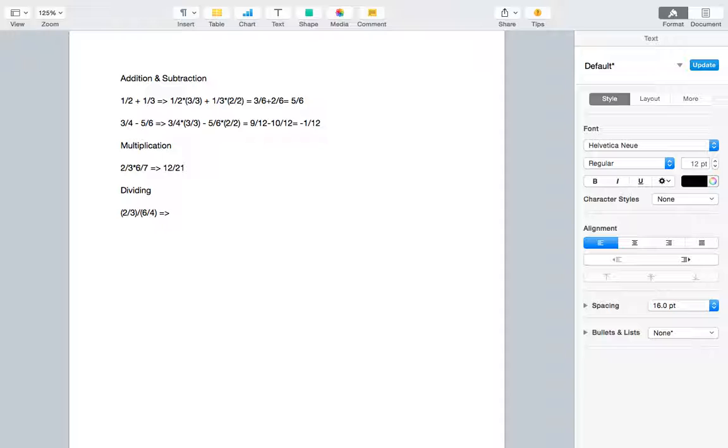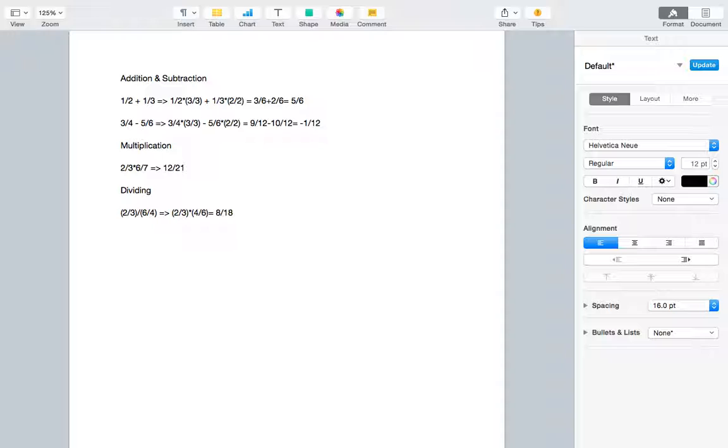So that becomes 2 over 3 times 4 over 6. Alright, and then as you know with multiplication it's just that. So 2 times 4, 8. 3 times 6, 18.